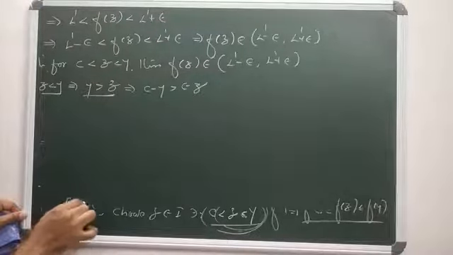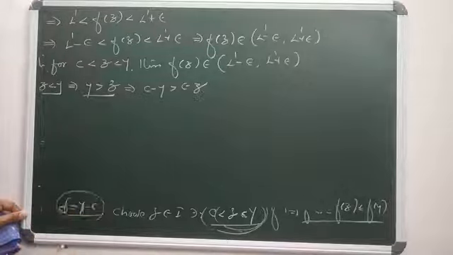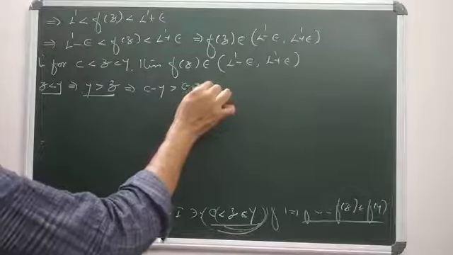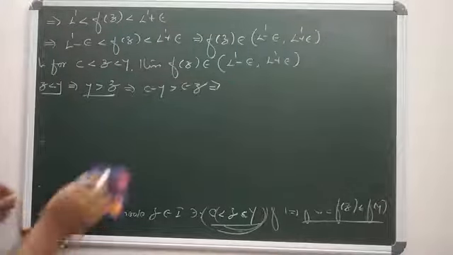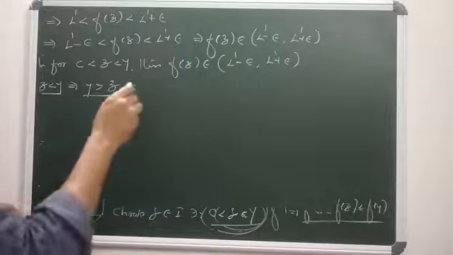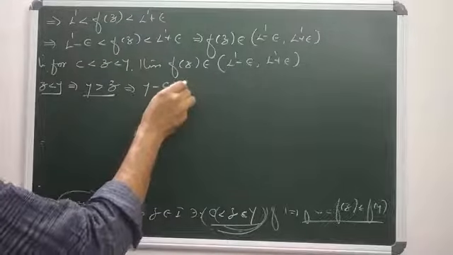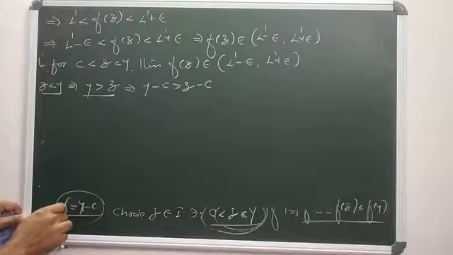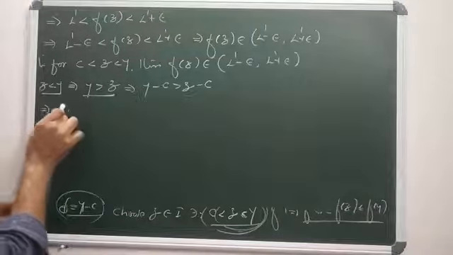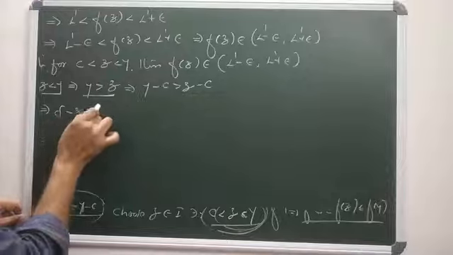We choose delta equals y − c. This is our choice. Delta equals y − c, and y > z implies y − c > z − c. But y − c is delta, so delta > z − c.